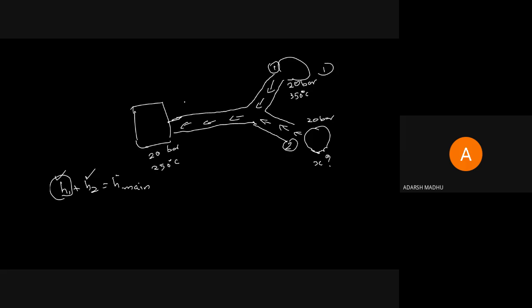So you want to take the H superheat here. We have 20 bar pressure and temperature 350 degrees Celsius. You can pick the value directly from the data book, the superheated table. Take the superheated table, then pressure 20 bar and 350 degrees Celsius.